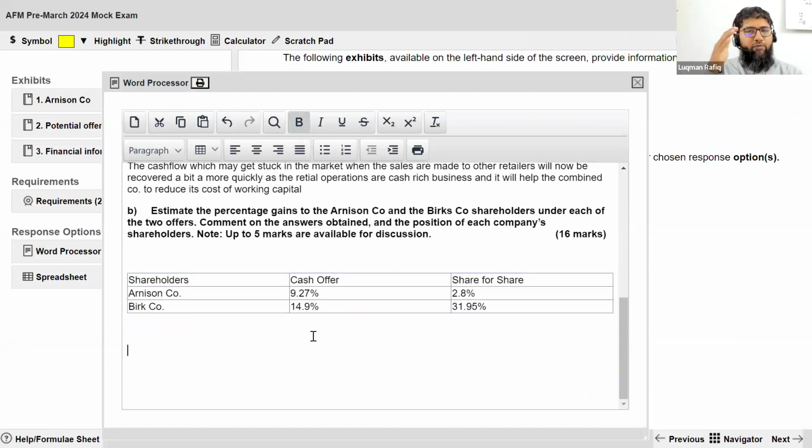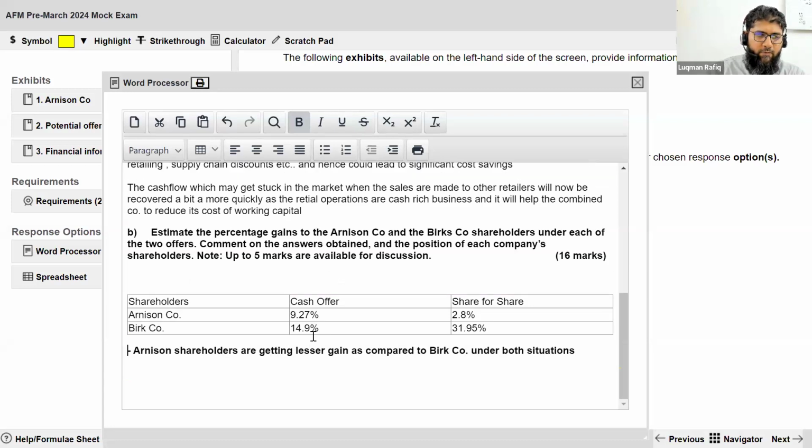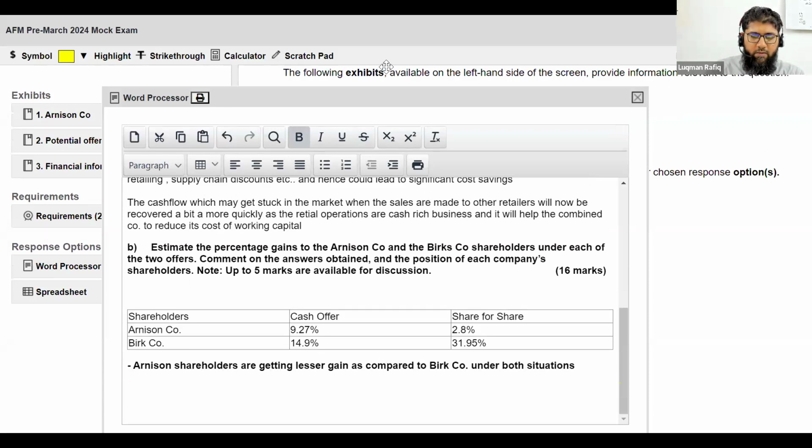You can always elaborate, but you could just see that Arneson company shareholders are getting lesser gain as compared to Burke company under both situations. So one thing is that Arneson company's shareholders are getting lesser returns as compared to Burke company.